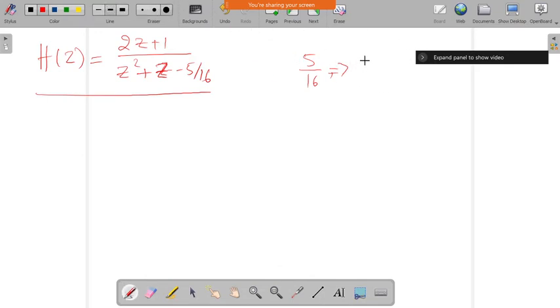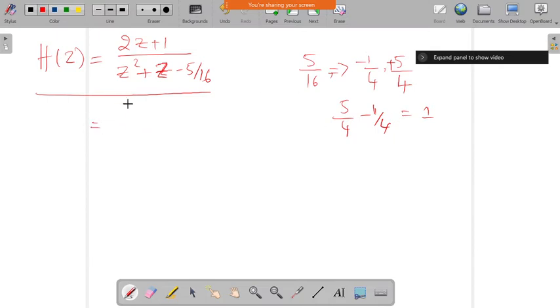If you multiply both, you will get 5 by 16. Now if you add these two roots, you should get 1, so I'll give plus for this and minus for this. Adding and subtracting, the roots will be 5 by 4 and 1 by 4.